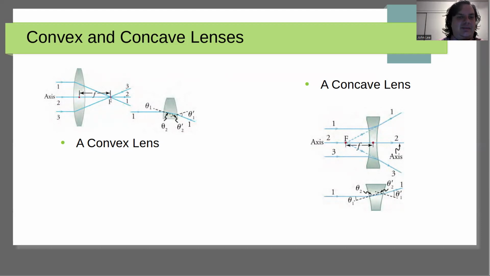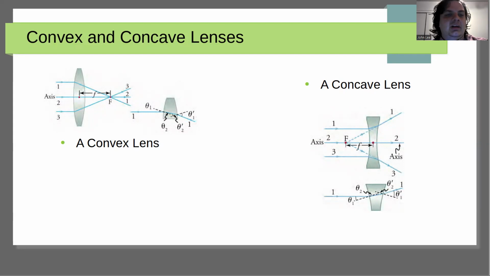It's just that when you have a convex lens, it does actually pass through a focal point. Whereas when you have a concave lens, it bends light away and makes it look like the light is coming from a focal point, even though it never actually passes through that focal point. And in that case, you're going to get virtual images, while for a convex lens, a lot of the time you're going to get real images.